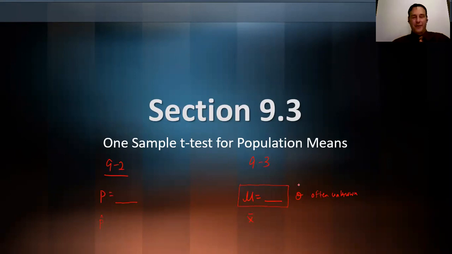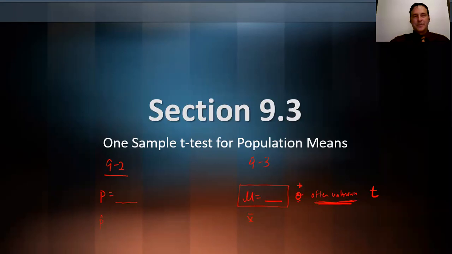Further, if I really did know the population standard deviation, that would mean the mean was known, because the only way we could have found the standard deviation is through a formula using that respective mean. So usually this is unknown, and if it is unknown, like it is in this section, then we are not using a z, we will use a t distribution, based off degrees of freedom.